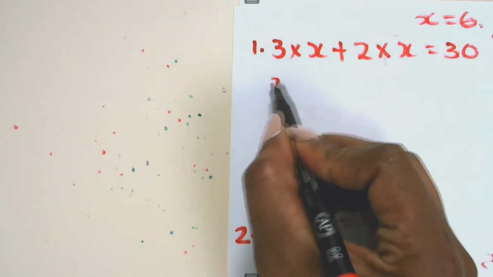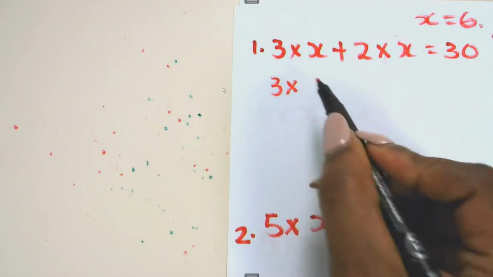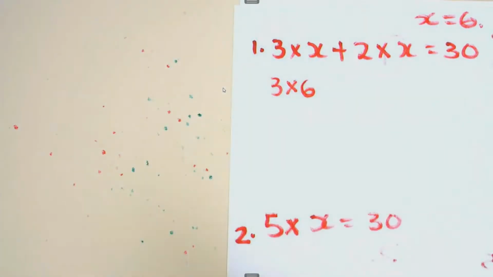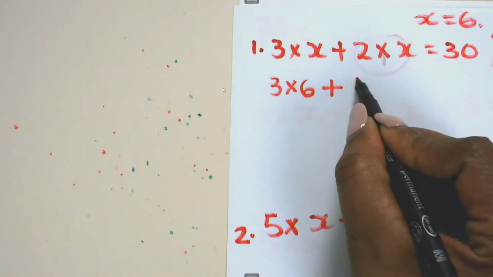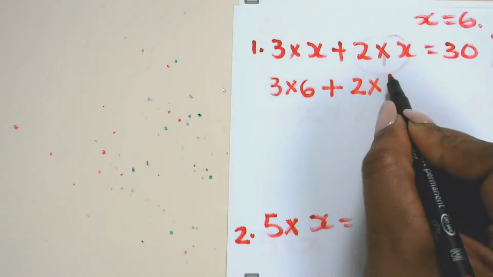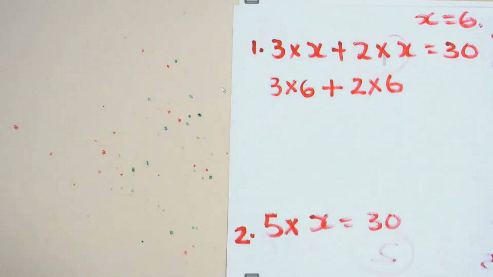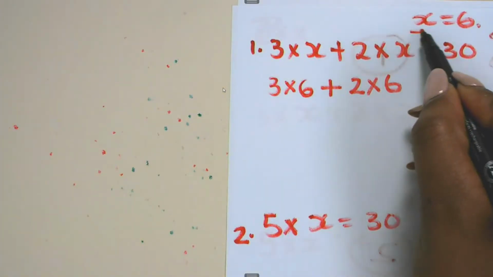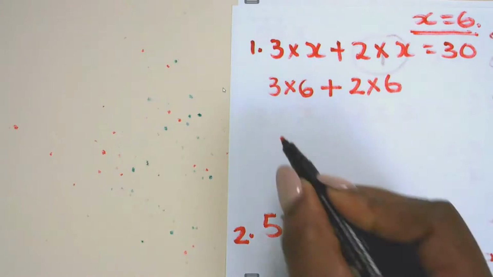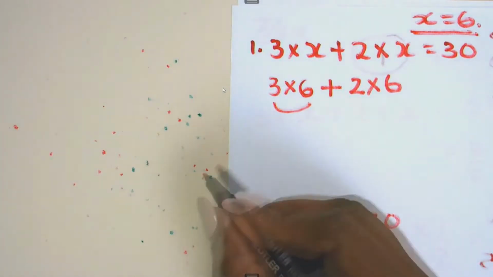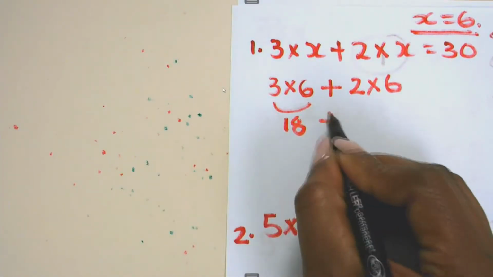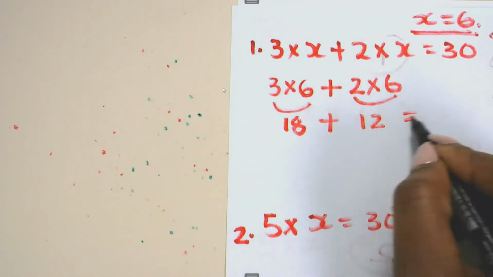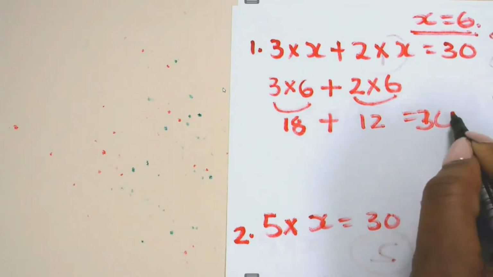We are going to have 3 multiplied by 6 and then plus 2 multiplied by 6. These 2 must give us 30 to make that value of x correct. Then 3 multiplied by 6 equals 18, plus 2 multiplied by 6 equals 12. Then 18 plus 12 equals 30.